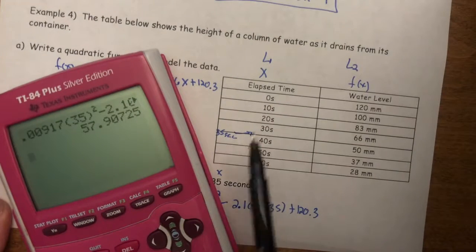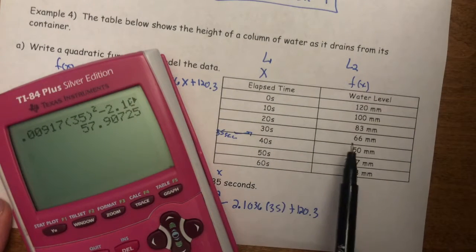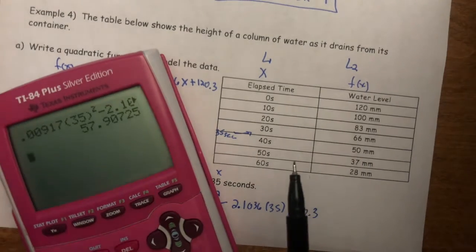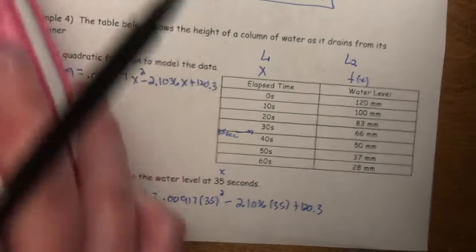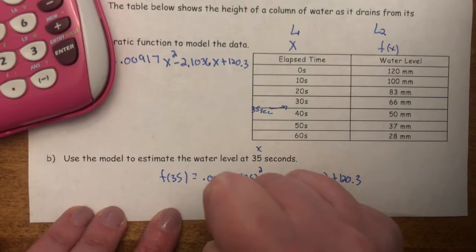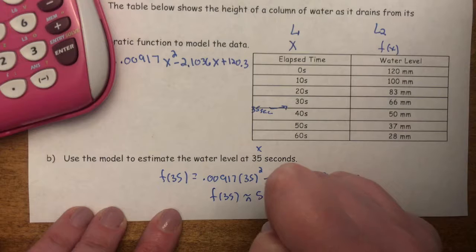And again, we made a prediction that between 30 and 40 seconds, it should be between 66 and 50. So we know we did our answer correctly. So our output at 35 is approximately 58 millimeters.